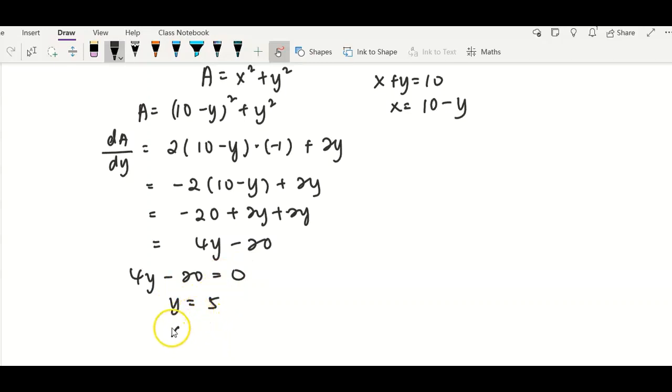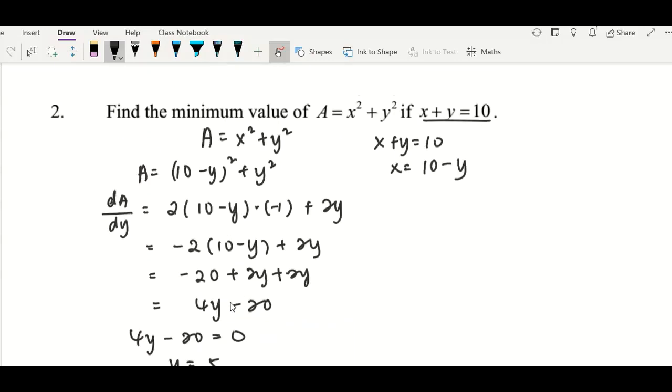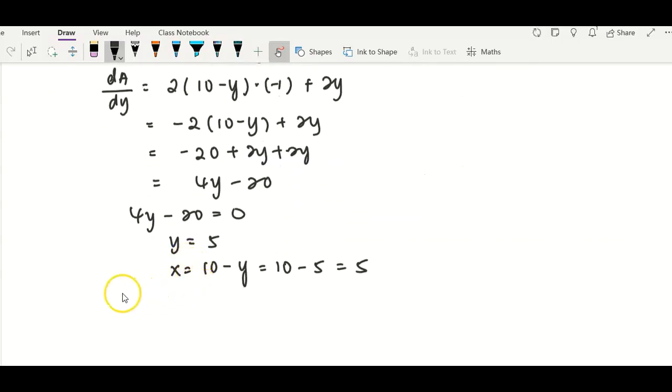So when y equals 5, my x will equal 10 minus y, with y substituted as 5, so I get x equals 5. And are we sure that x equals 5, y equals 5 will make A minimum or maximum? We need to test with d2A/dy2.